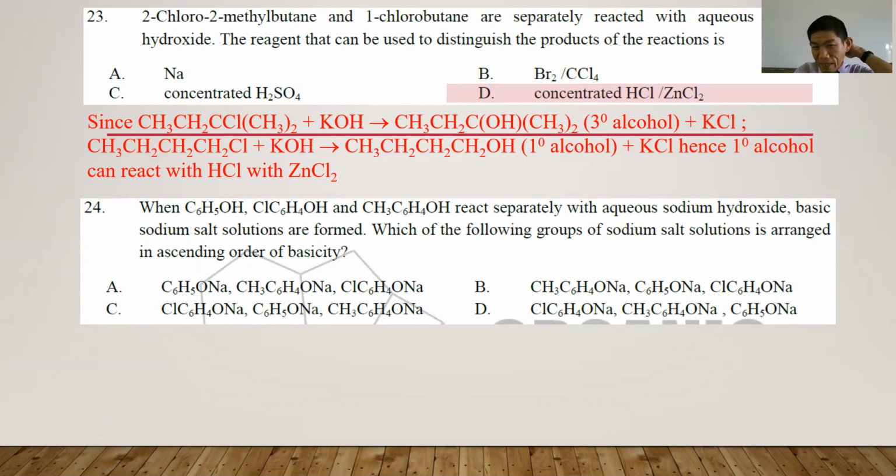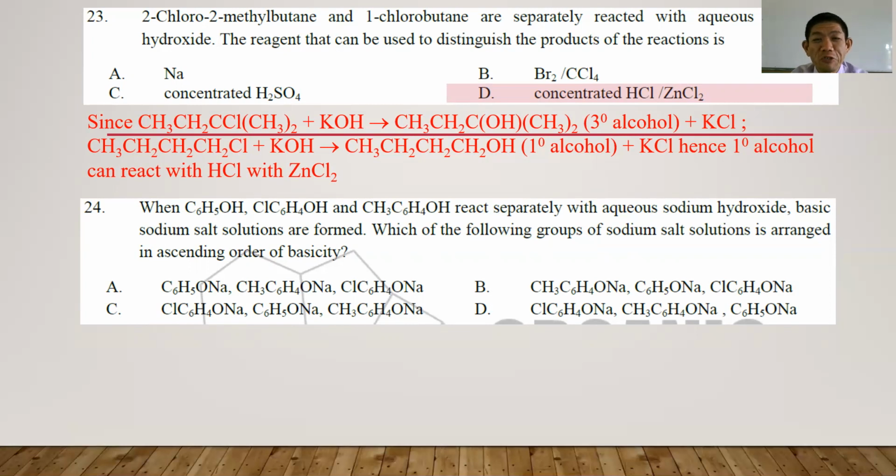So the weakest base starts from the ClC6H4OH, and then followed by phenol, and then the weakest acid will be CH3C6H4OH.